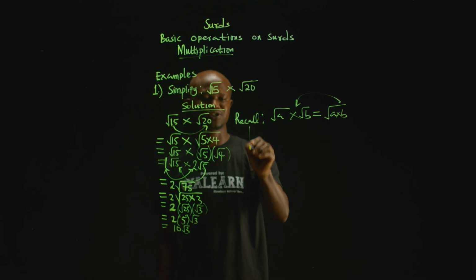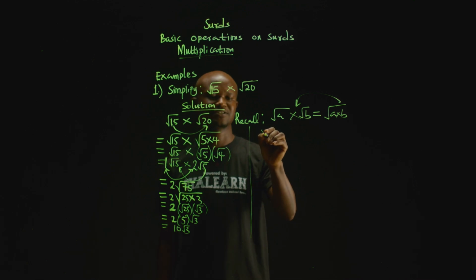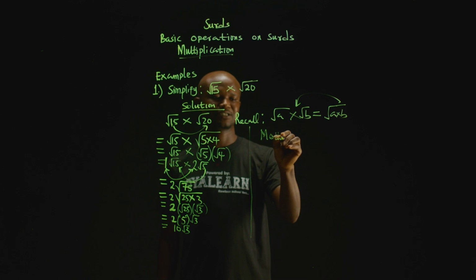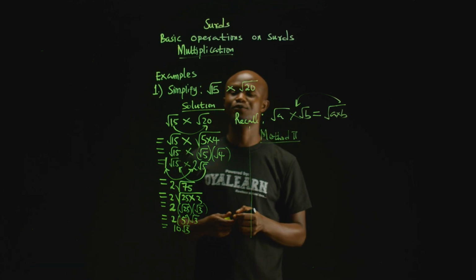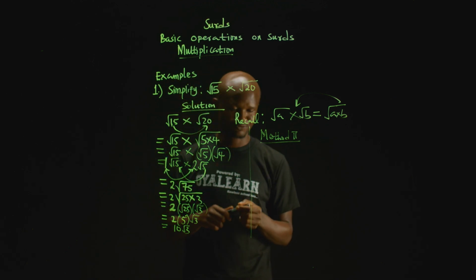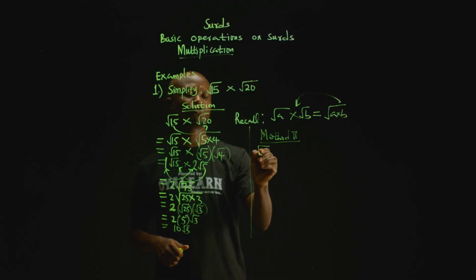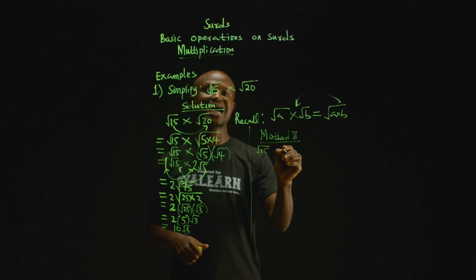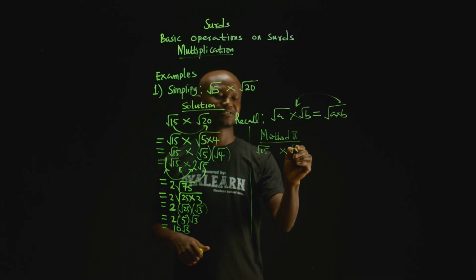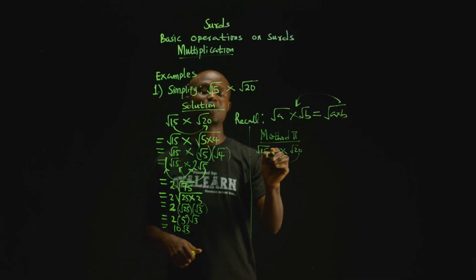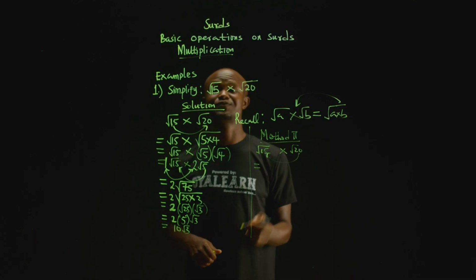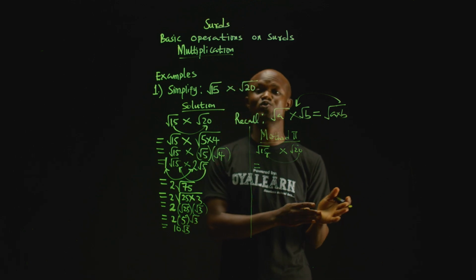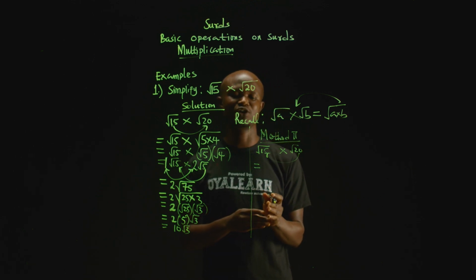So we can also use the second method to solve it. If you want to multiply directly, then that one will be faster for this kind of form we are having now. When you have root 15 times root 20, if I multiply directly, what will I have? 15 times 20 will give us what? 300.